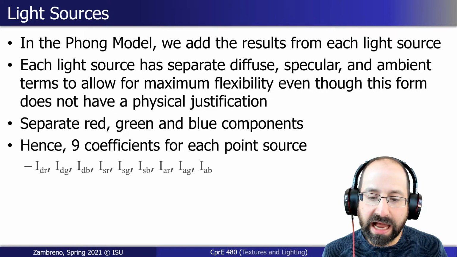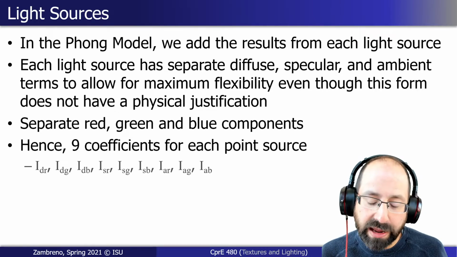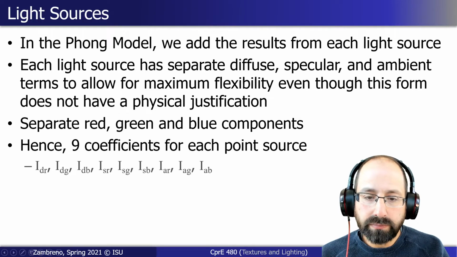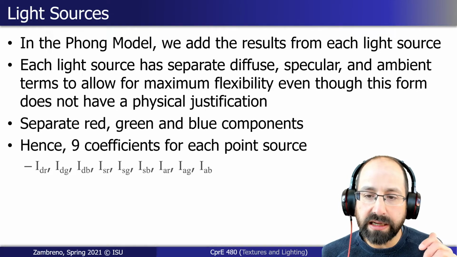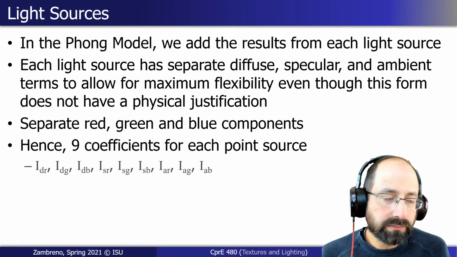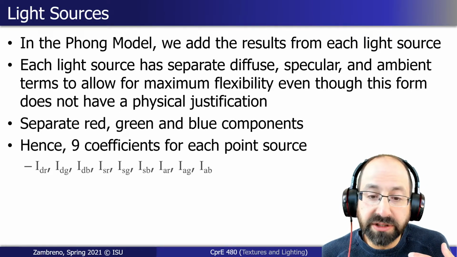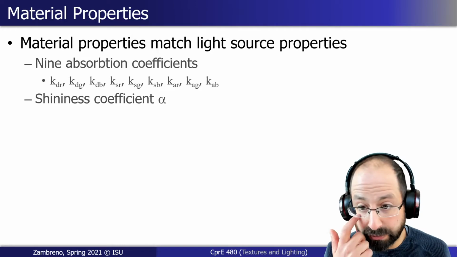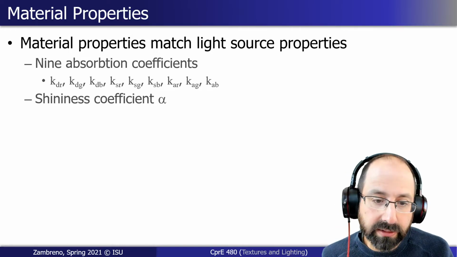So for each light source we would have nine terms, and for each of the objects or just material types in a scene, we would also have nine of those coefficients. So there is generally a lot to keep track of.